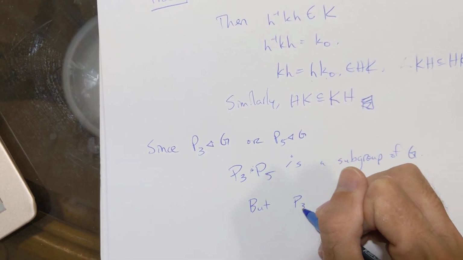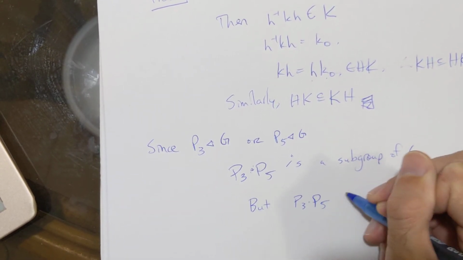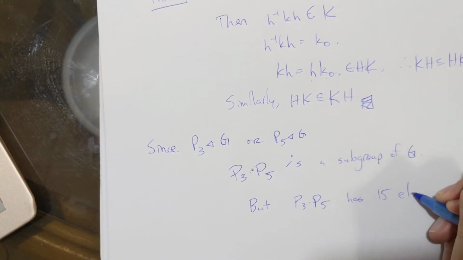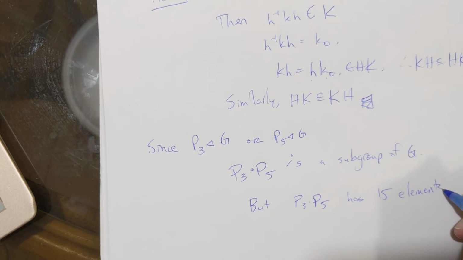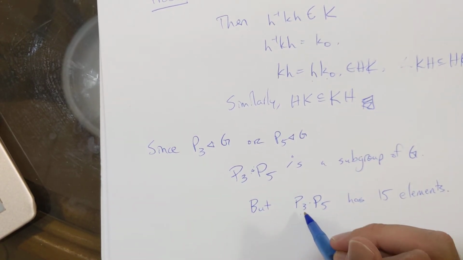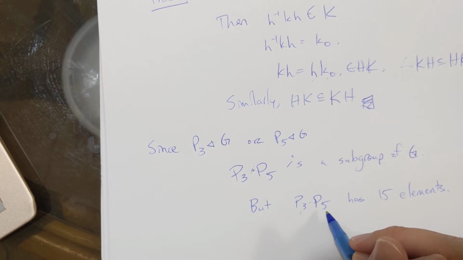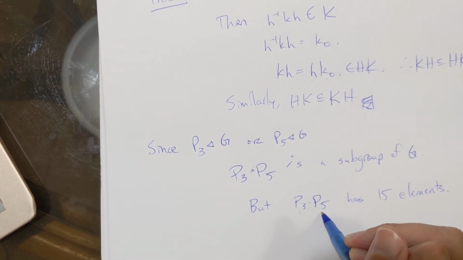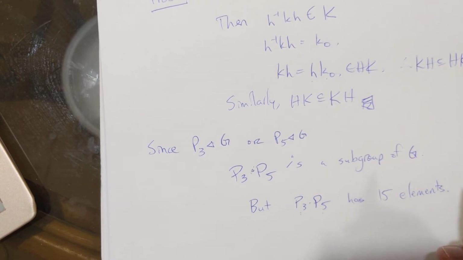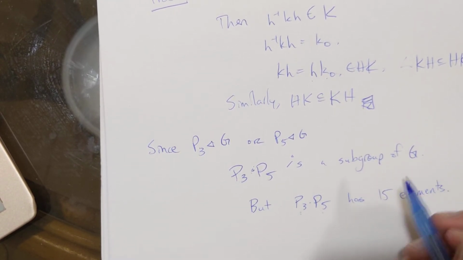But P3 times P5 has 15 elements. Right? Because you have 3 choices for the elements of P3. You have 5 choices for P5. So that tells you that at most 15 elements, right?